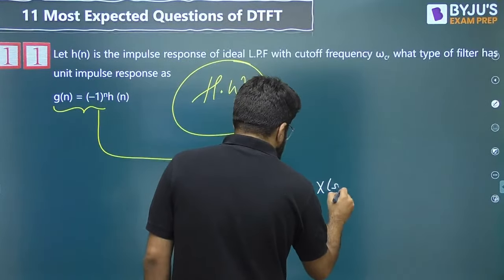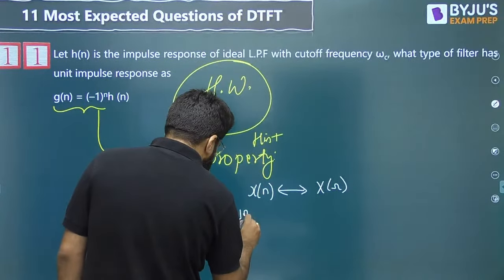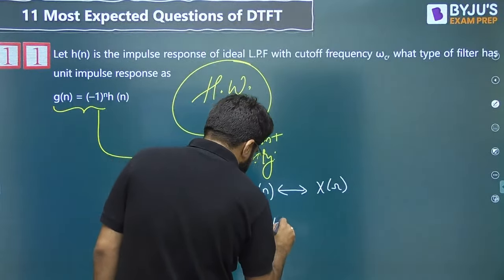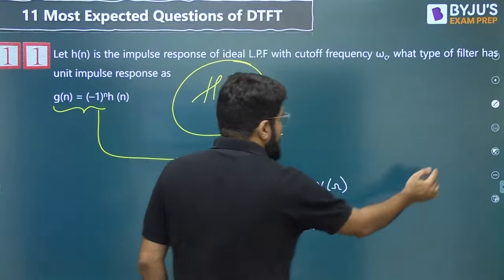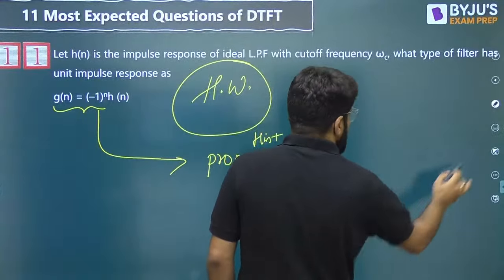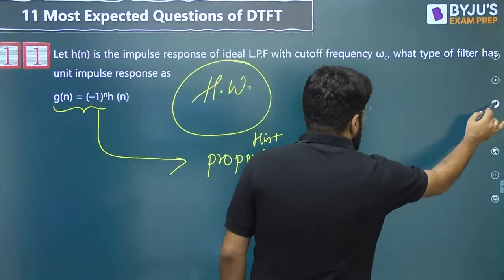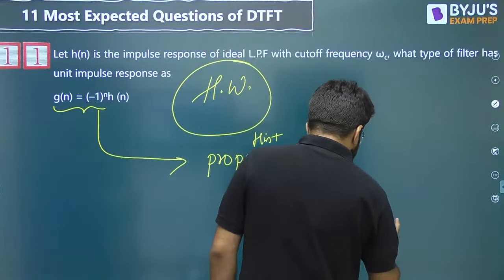If x[n] has the DTFT X(omega), then e raised to the power j omega naught n times x[n] has the DTFT X(omega minus omega naught).